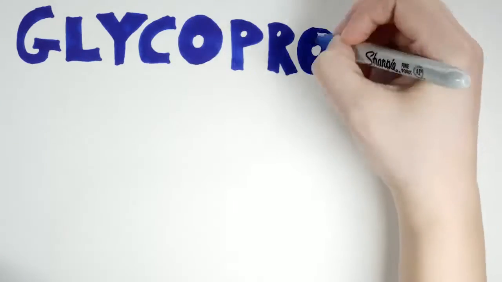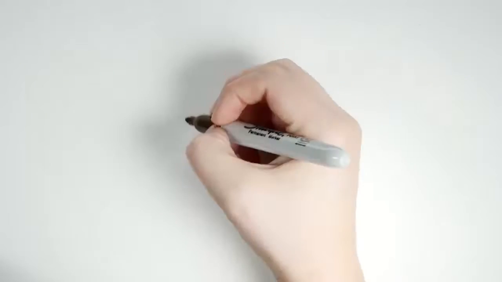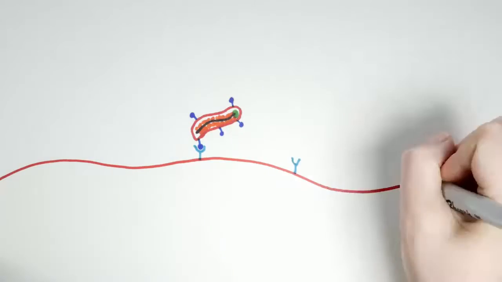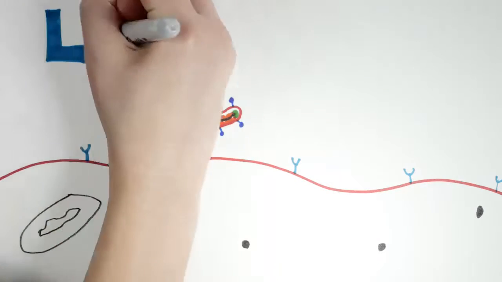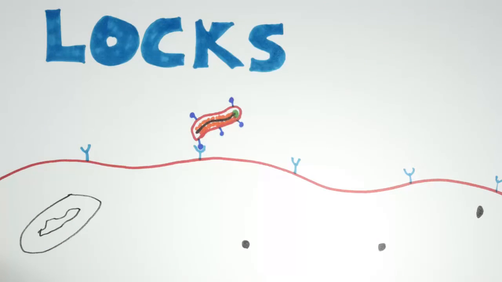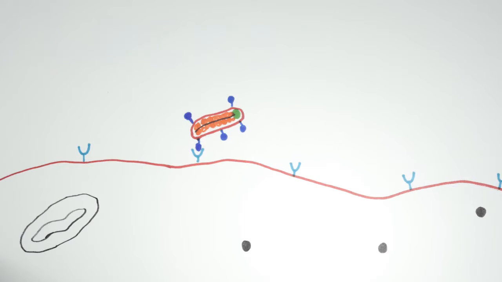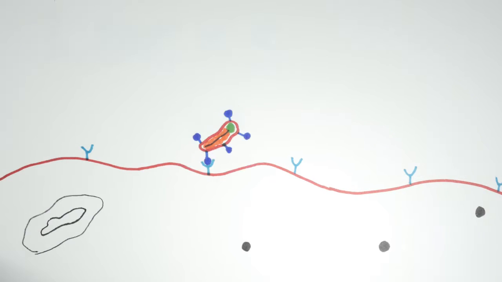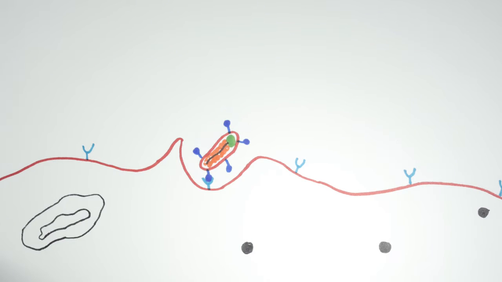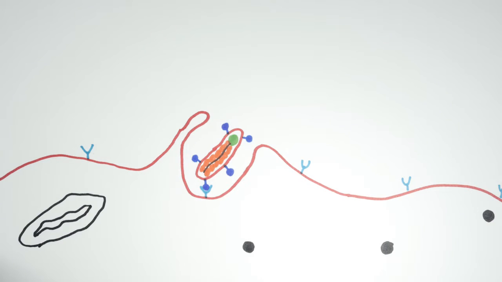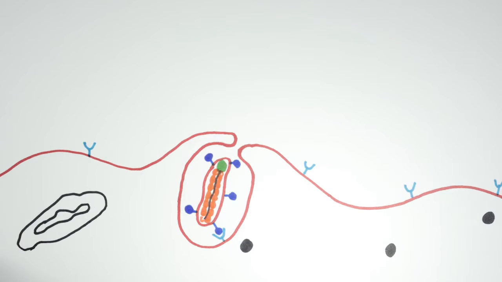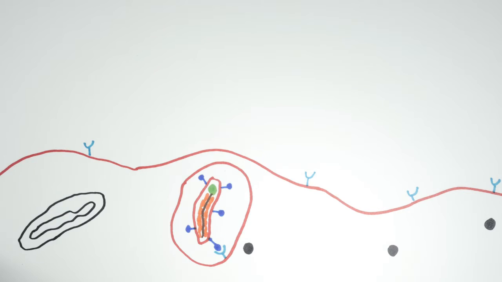This key is called the glycoprotein. Ebola's glycoprotein fits into particular host proteins on the surface of the endothelial cell. We'll call them locks. Once the Ebola glycoprotein engages the lock, this triggers the endothelial cell to start swallowing the Ebola virus whole. This process of swallowing is called endocytosis.